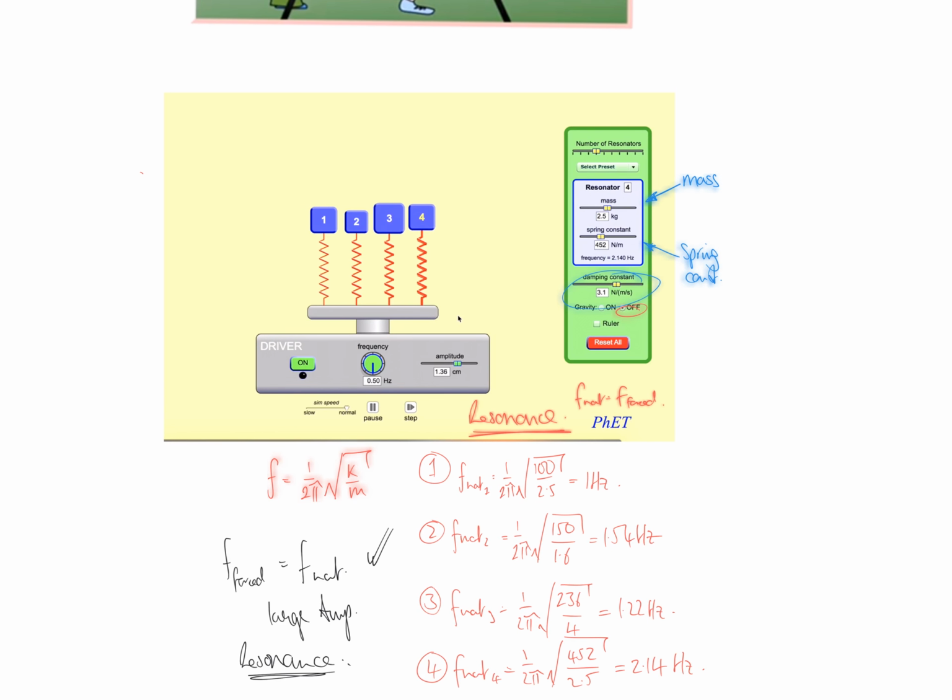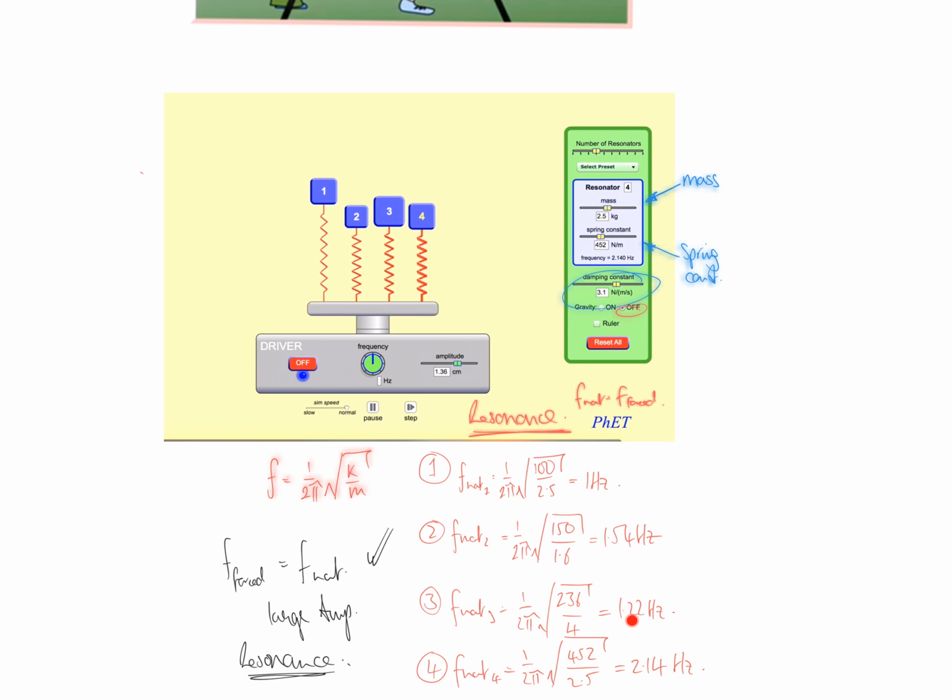I've turned it on, and you'll notice that our driving frequency is not equal to any of them. So they move up and down with the amplitude that the plate moves at. Now I've hit my 1 hertz frequency, and this is hitting a resonance. I'm getting a large amplitude.